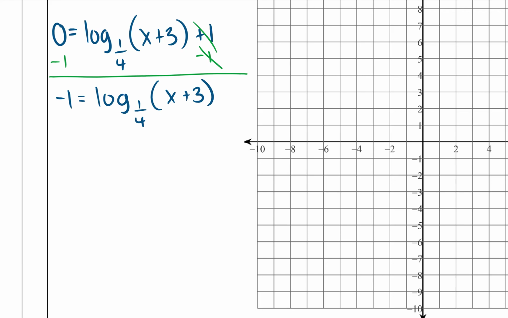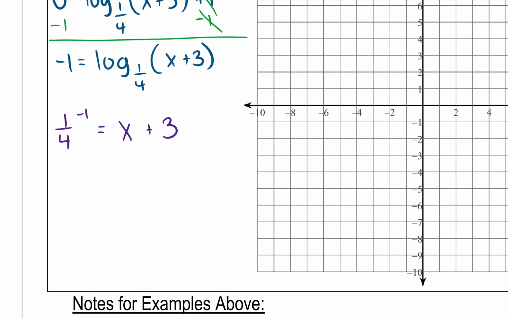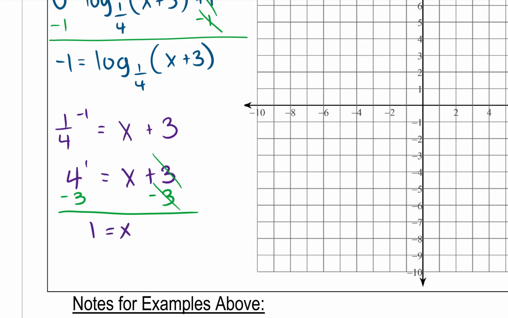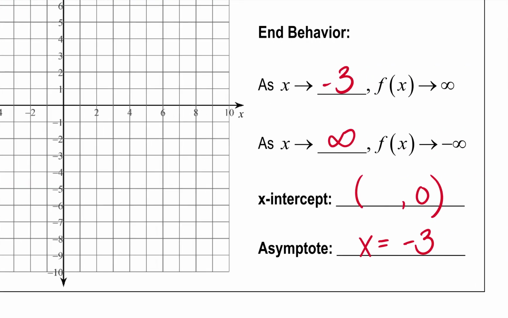We switch it. So we'd have 1/4 to the negative 1 equals x plus 3. A negative exponent flips. So 4 to the 1, which is just 4. And then I solve for x. So this one would be 1 is my x value. So I go over here and put a 1.